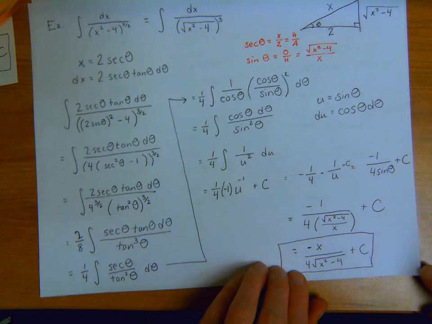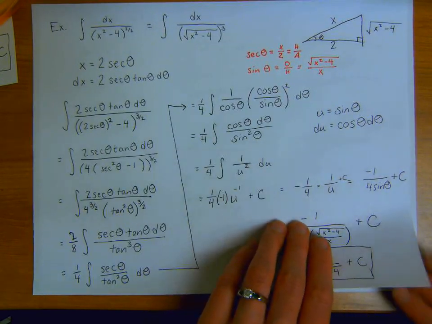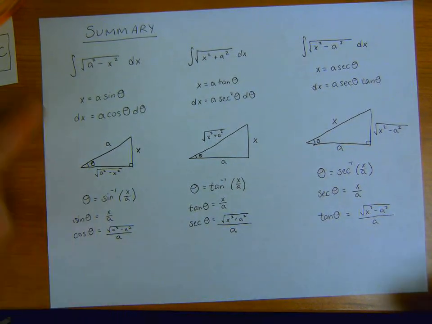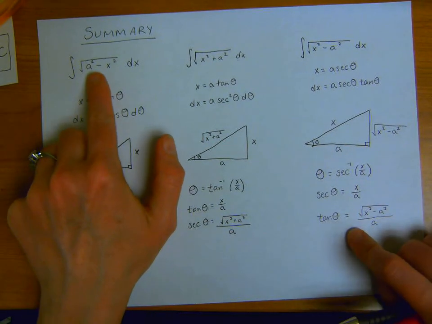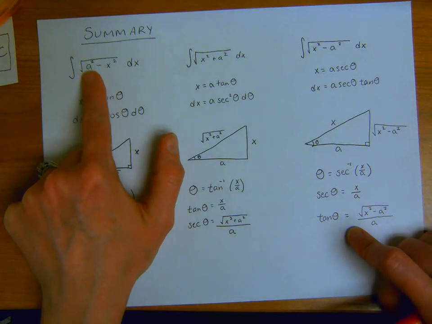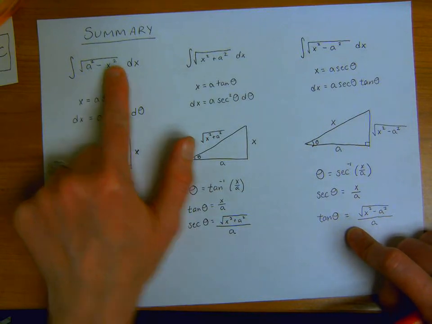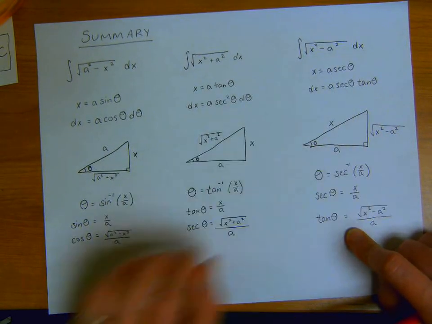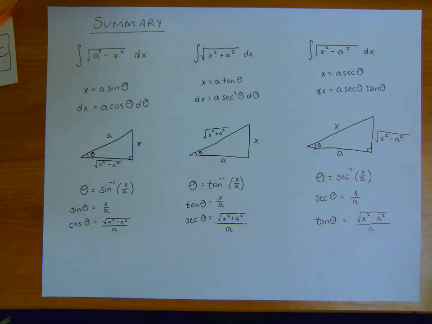So let's summarize. This is a pretty tricky section, right? There are a lot of procedures that we talked about, and I'm going to talk through what we did. So first, when looking at these integrals, it was always something squared minus an x squared, or plus an x squared, or x squared minus something square rooted. And depending upon those three cases, we have three different options.